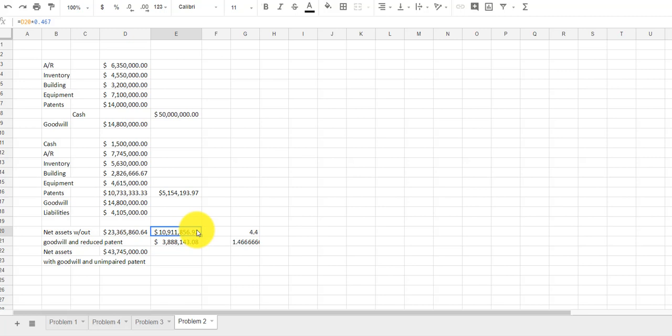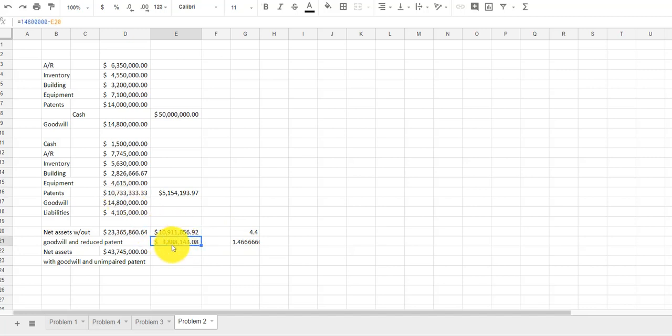So this company should be worth about $11 million above the net assets, but goodwill says that we're worth 14.8 above the net assets. So we cannot record 14.8 when all of the goodwill that we have left is 10.9 based on this little valuation based on comparison to other companies.